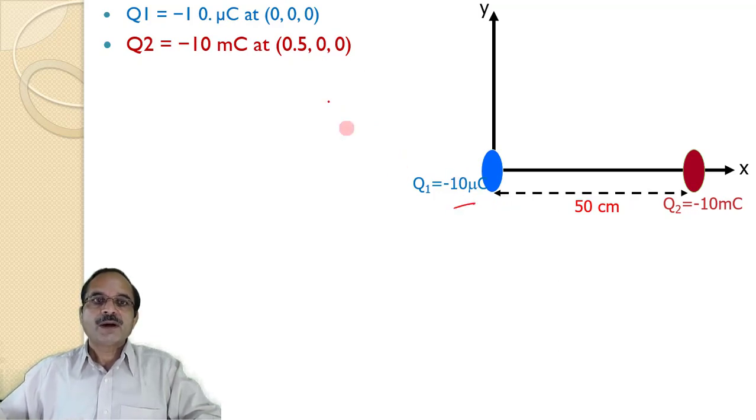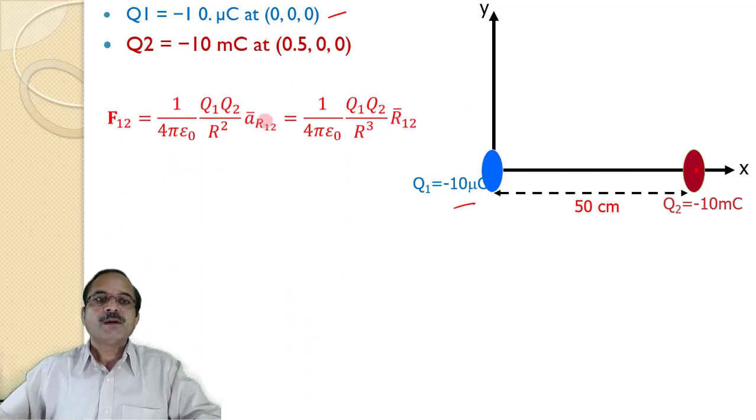Q1 is located at the origin, that means 0, 0, 0. Q2 of minus 10 millicoulomb is located at point x equal to 0.5, y equal to 0, and z equal to 0. That means at this point. This is the formula we have seen: 1 upon 4 pi epsilon 0, q1 q2 upon r square. R is the distance between these two, that is 50 centimeter, and ar12 is the unit vector between these two.